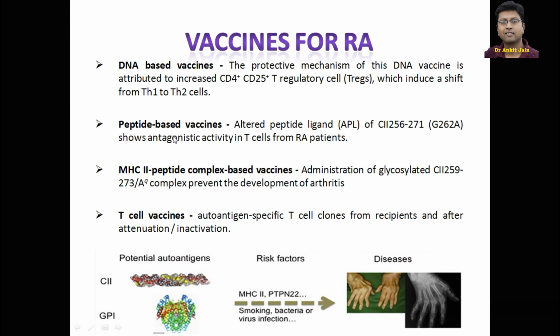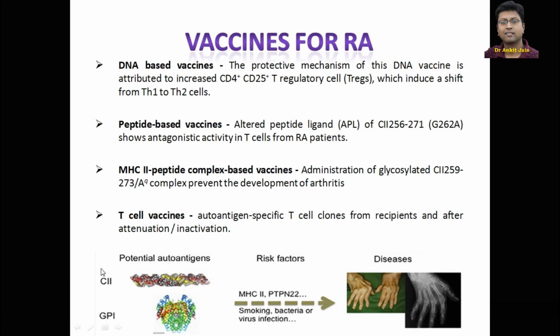Second is the peptide based vaccine. The rheumatoid arthritis patient is suffering from polyarthritis and bilateral destruction of the synovial membrane, mainly because of two antigens.